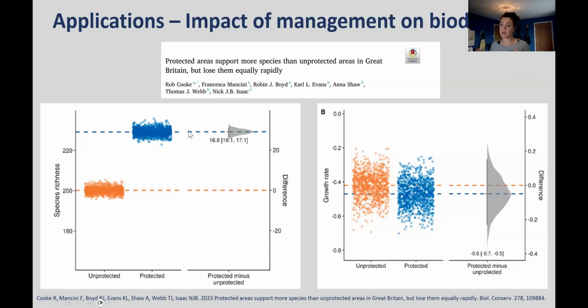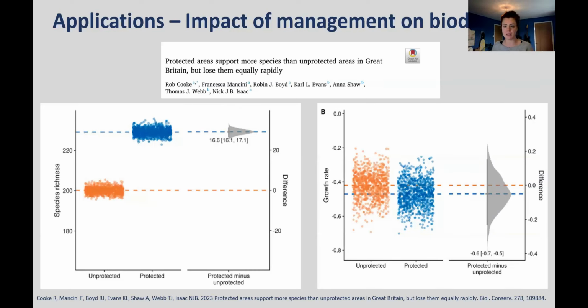So species richness is higher in protected areas compared to the rest of the country. However, when we looked at the trends of those species, actually species are declining at the same rate inside protected areas and outside of protected areas. So protected areas are not being very effective at halting and bending that curve of biodiversity loss.